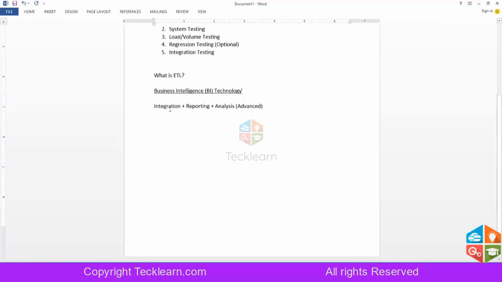Business intelligence comprises these three subsections, namely integration, reporting, and analysis. This integration is nothing but ETL.